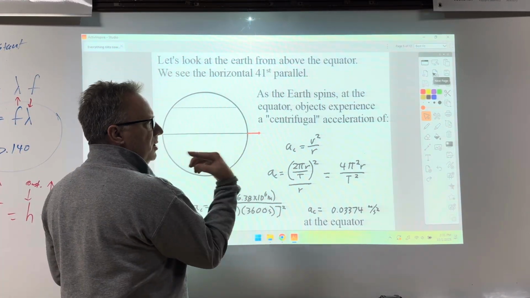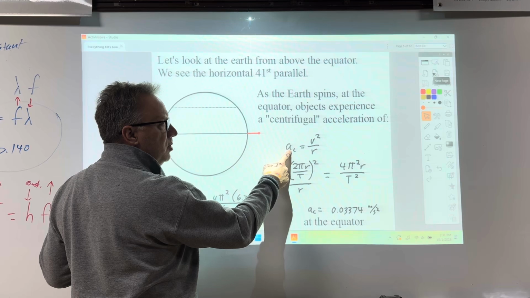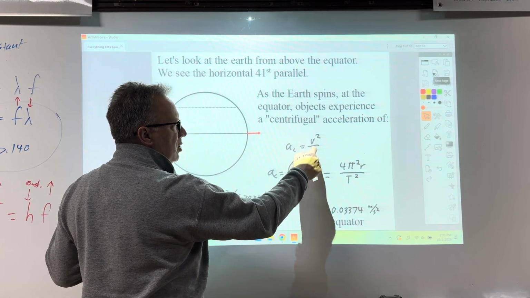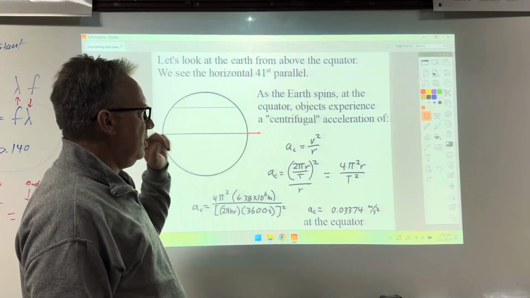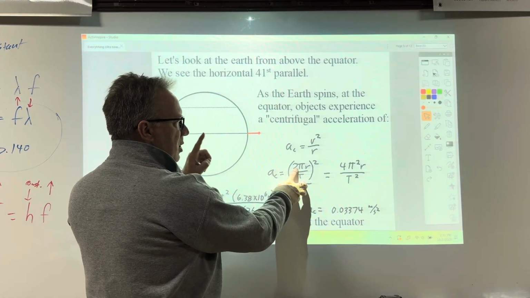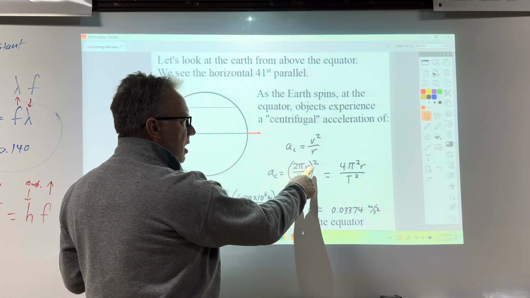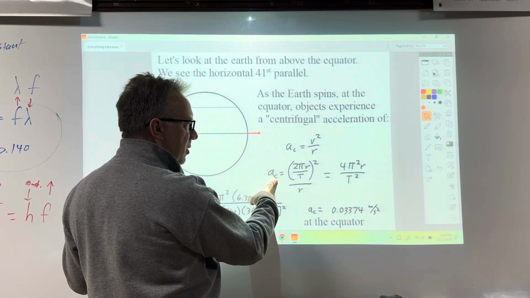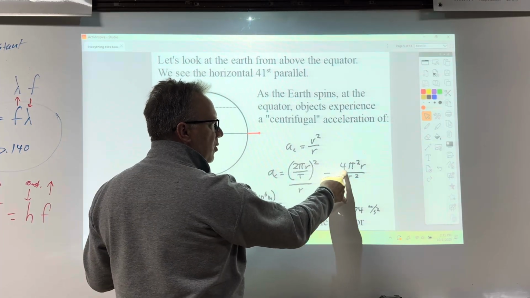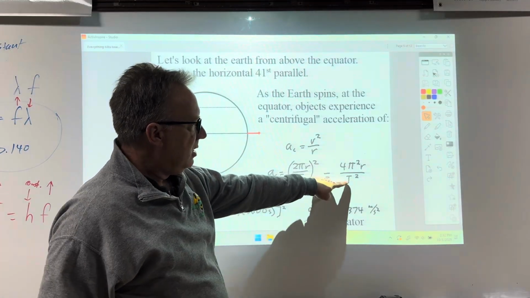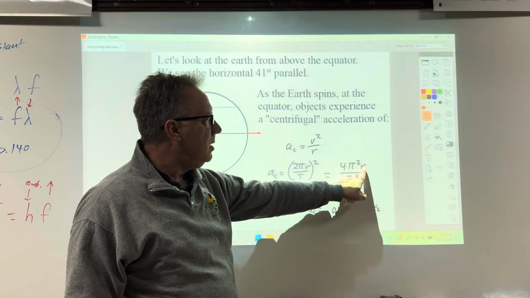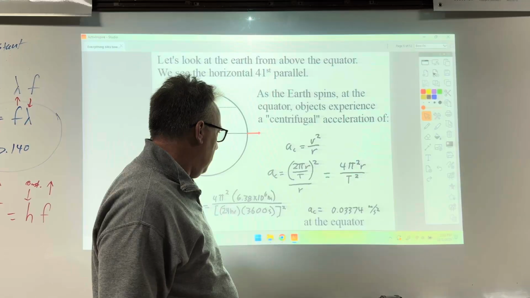As the Earth spins in a circle, centripetal acceleration is v squared over r, and that velocity is once around that circle, once a day, so it's 2 pi r over t. If you square that, the centripetal acceleration is 4 pi squared r over t squared, where t is the day length in seconds and r is the radius of the Earth.